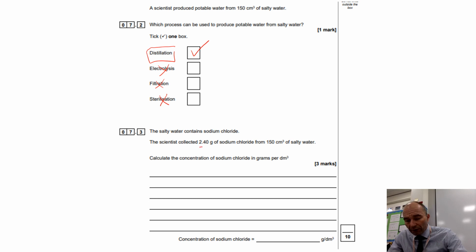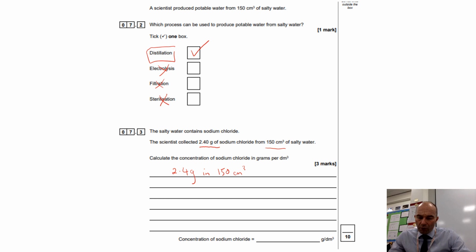So let's just highlight the information. We've got 2.4 grams of sodium chloride in 150 cubic centimetres of the salty water.